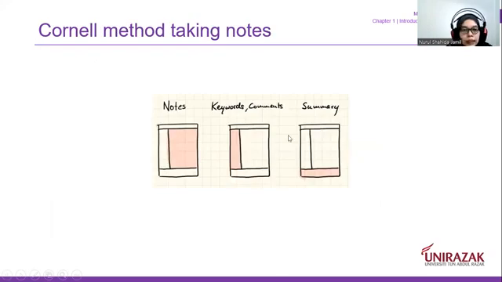The Cornell method of taking notes: you can follow this method, with the keyword on this particular side, and the keyword comment on this particular side, and a summary at the bottom.